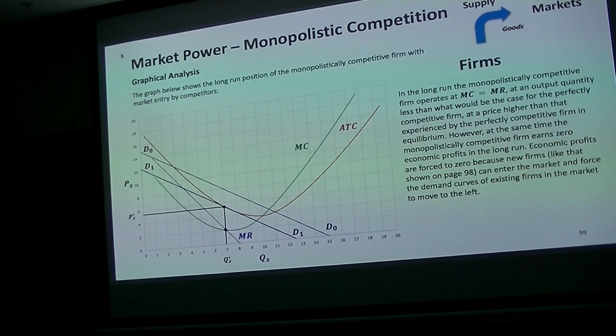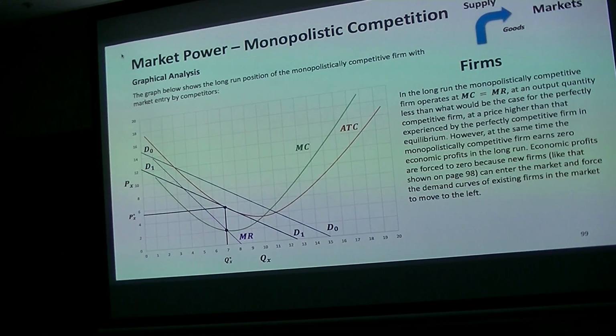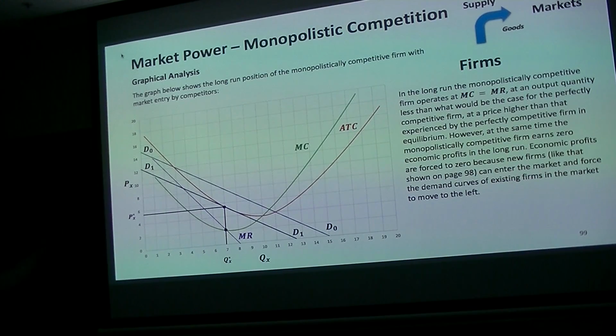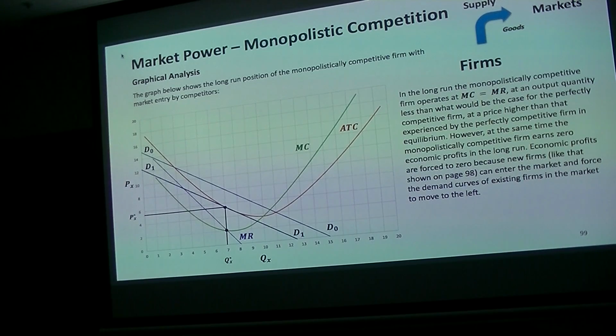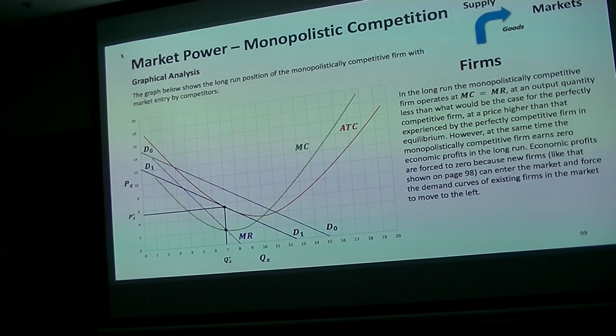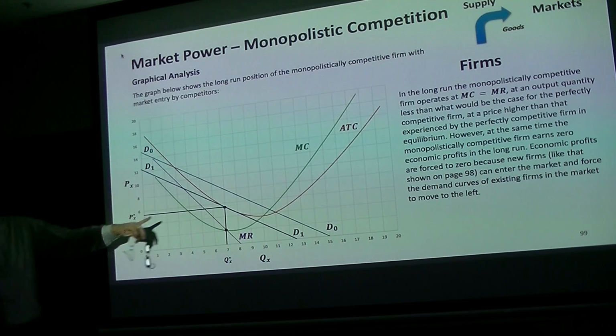Recall that for firms under perfect competition, with the flat marginal revenue curve, the average cost equals marginal revenue, and your average total cost looks something like this. So you can see it's on a different point.